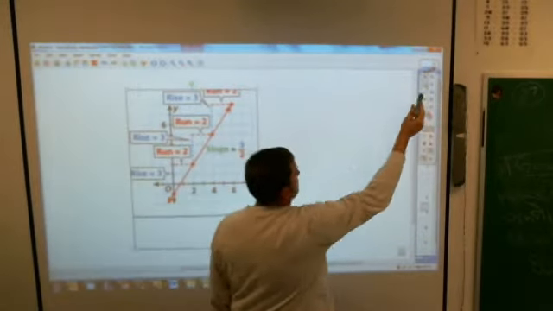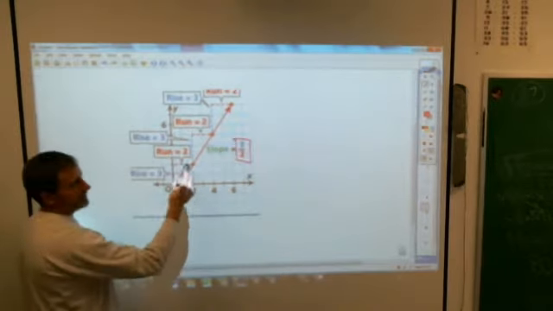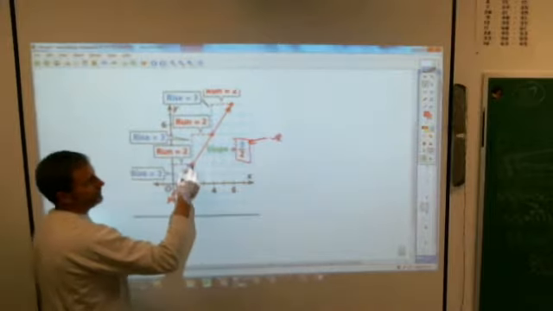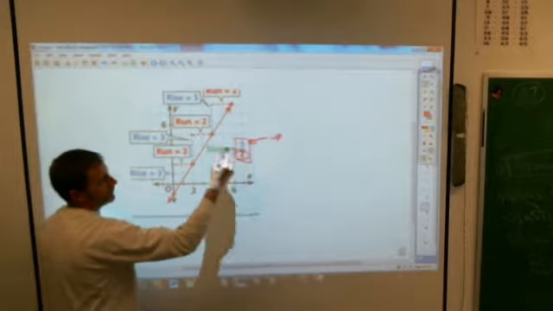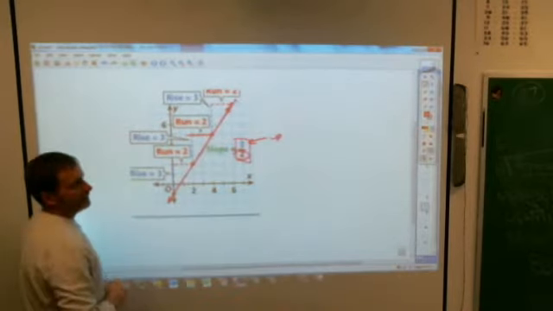Like it shows here, the slope of this line is 3/2 because the top number is the up number. If you go from this point up 3 and over 2, you get the slope of the line.